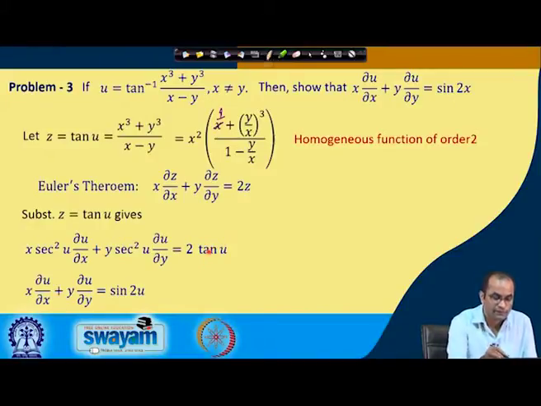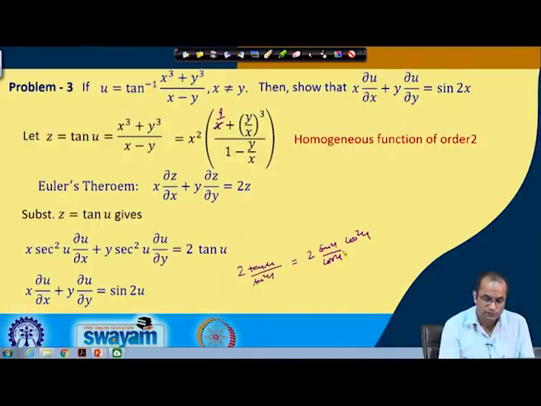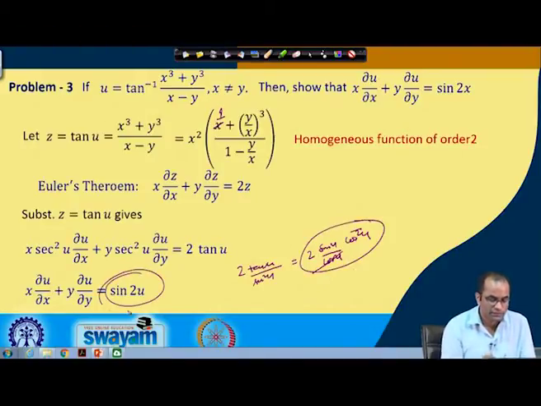So this is 2 tan u, and sec square u in the denominator becomes cos square u. Here sin u over cos u for tan u, and this is cos square u. So this gets cancelled, we have 2 sin u cos u, which is sin 2u.